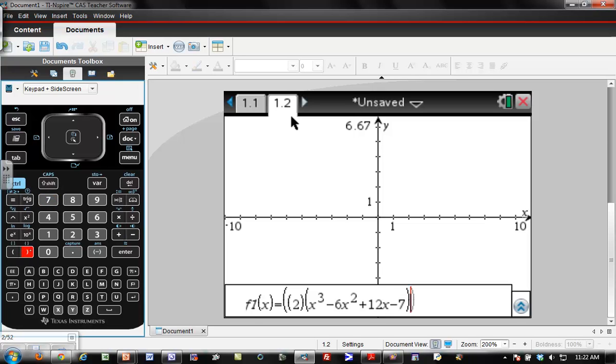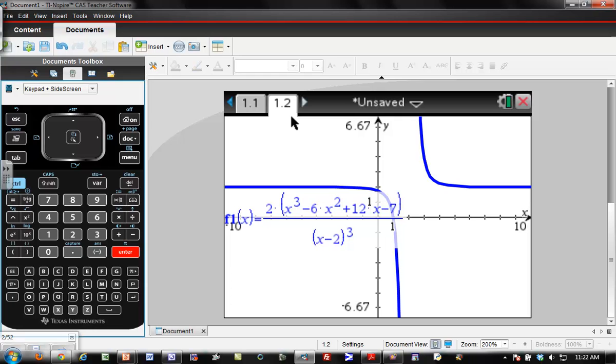Close paren, and then divide by open paren, x minus 2, close paren to the 3rd power, close paren. Why did you bother to take the 2 out? Oh, no, you messed up. Okay, we're good. Close paren. Now, are we good there? We got stuff on the top. Graph that.